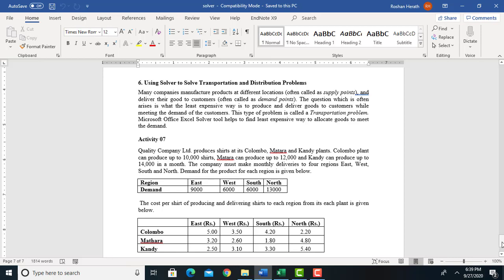It's just a waste of time. If you are going to plan your transportation or distribution manually, it's not going to work. So definitely, in such a situation, the solver would come in handy. By using the capabilities in your spreadsheet package, the Excel solver, you can easily get across a problem of this nature. So let's see that through an example.